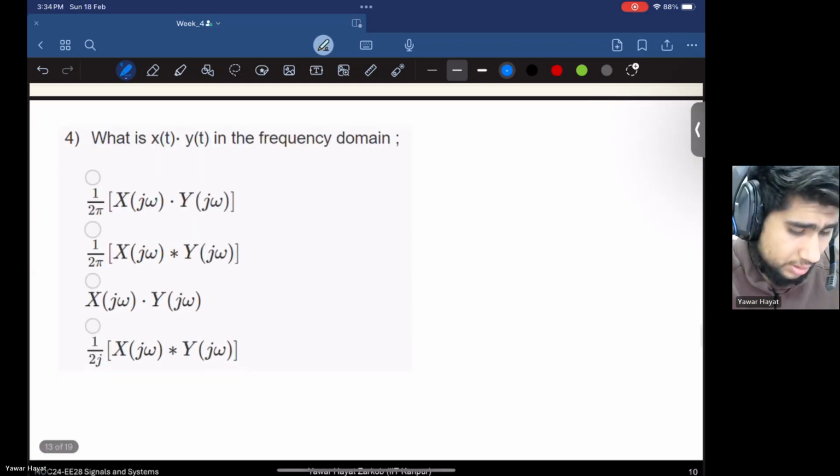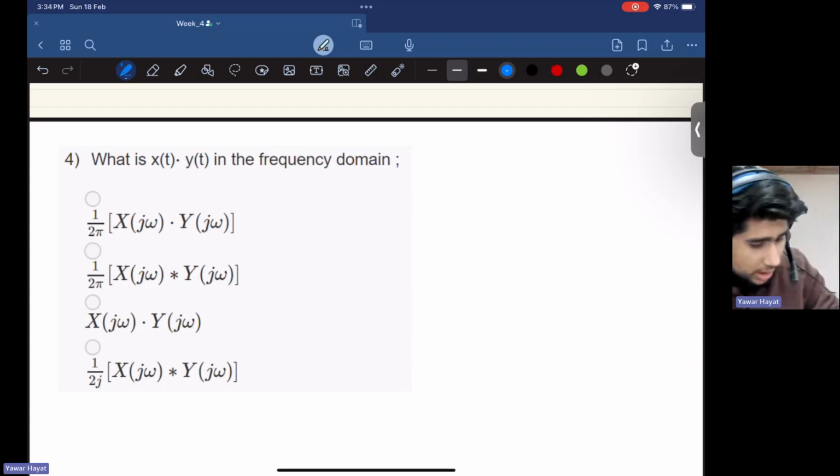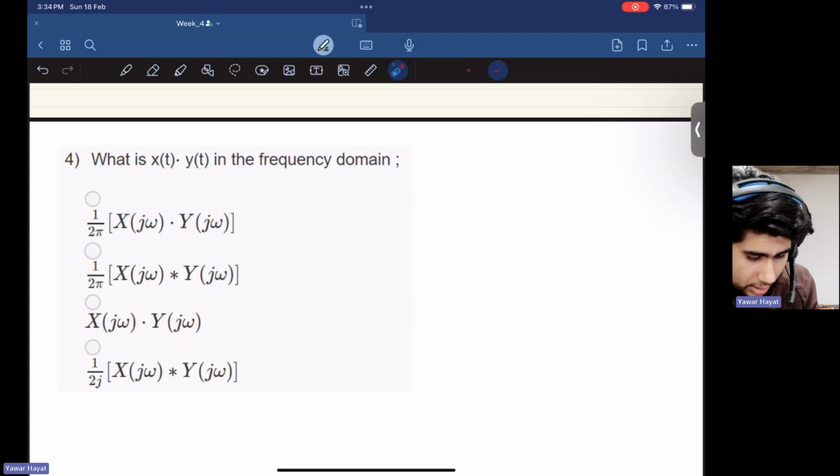Okay, the question number 4 is: what is x of t, y of t in the frequency domain, right? This dot is the multiplication operation. So this is given a signal x of t, which has a Fourier transform X of j omega or X of omega, whatever. Y of t, a signal that has a Fourier transform Y of omega or Y of j omega.